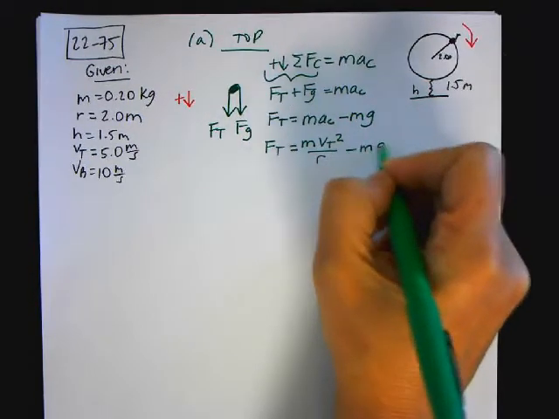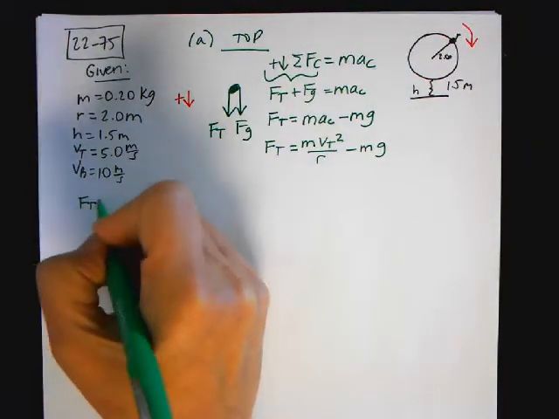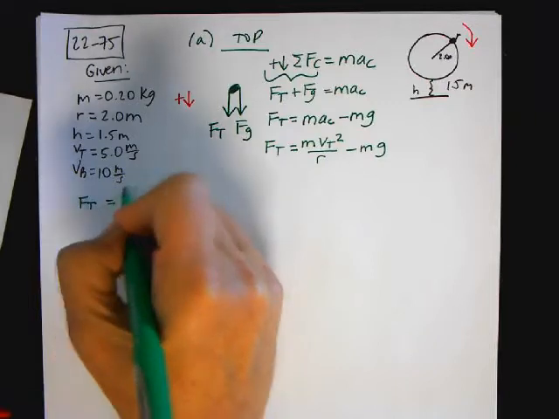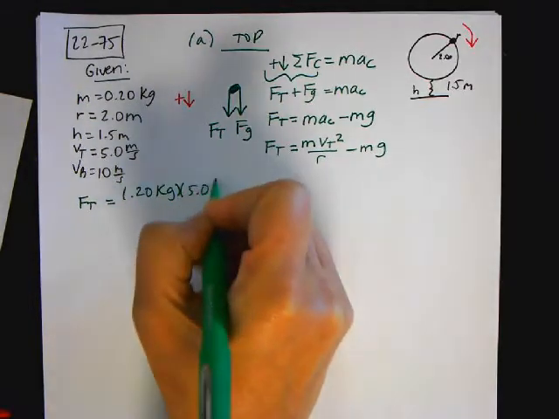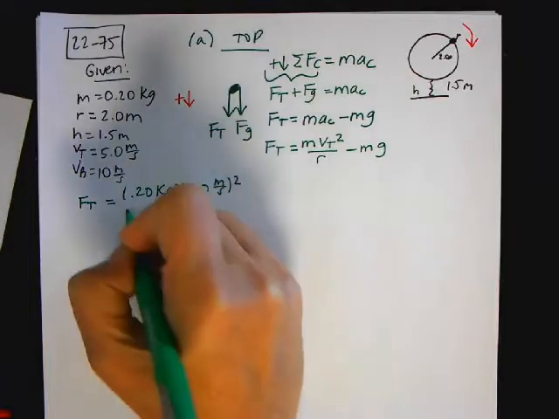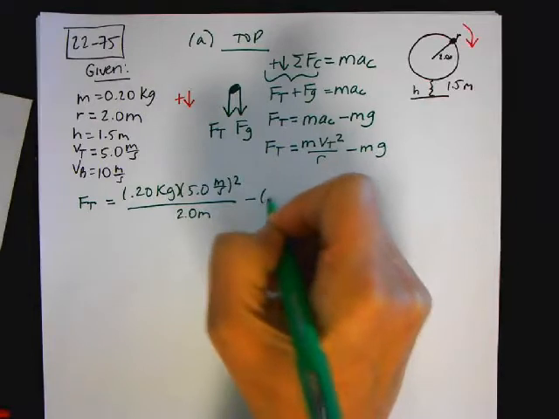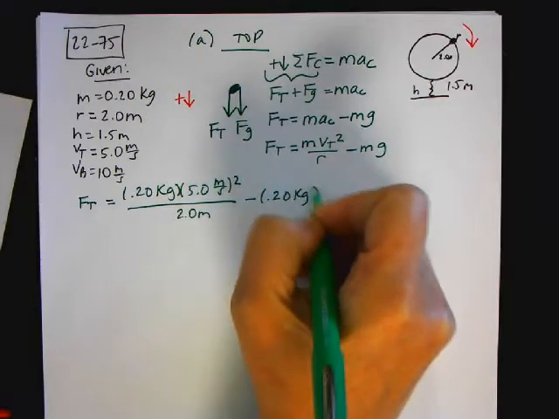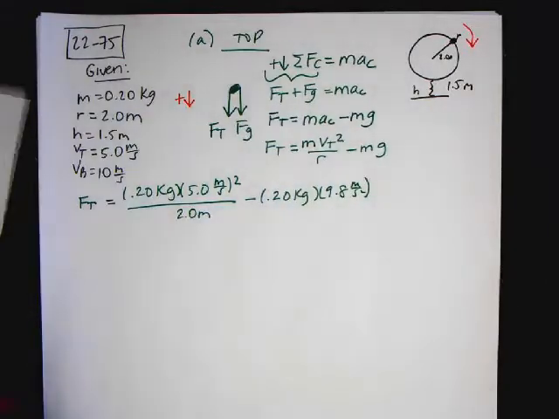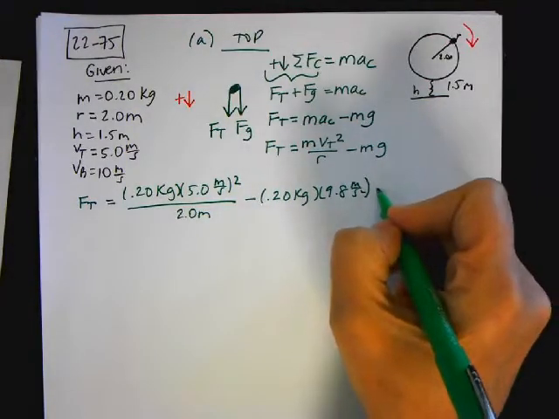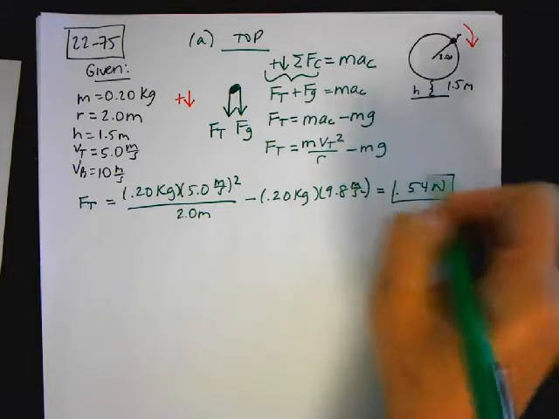So now I'll substitute in my values, and I'll have FT is equal to 0.2 times 5 squared over 2 meters minus 0.2 times 9.8 meters per second squared. So when I do all this on my calculator, it comes out to be 0.454 newtons.